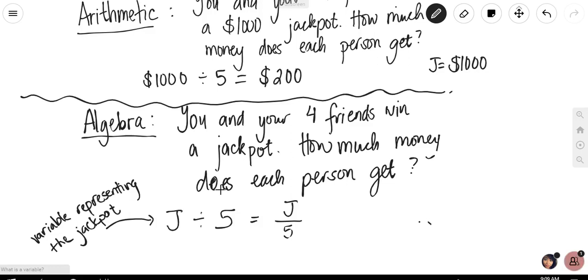Even though we don't know what that exact jackpot is, we know that each person gets 1/5 of it. So this is useful for more complicated problems where you have some value that you don't know, and you can represent it with a variable.